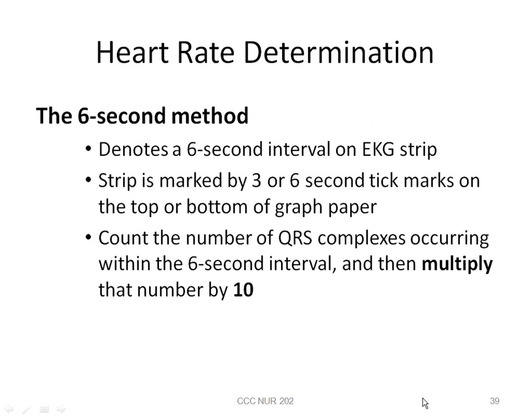Now, we talked about with that rhythm strip, remember, we have 3-second marks on those rhythm strips. The rhythm strips that you will have on your test will have those markings on there. So you don't have to count out 30 blocks and then count your number of QRS complexes in there. I will make sure those markings are on there for you so you can see those.